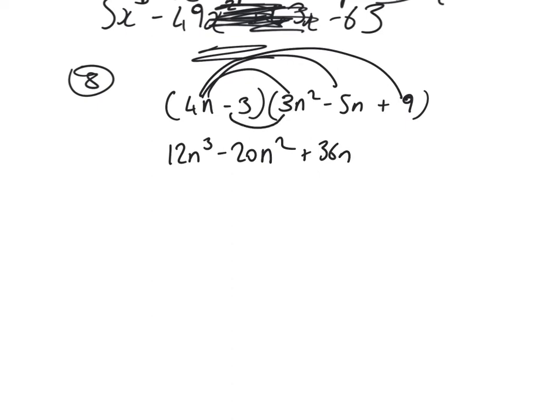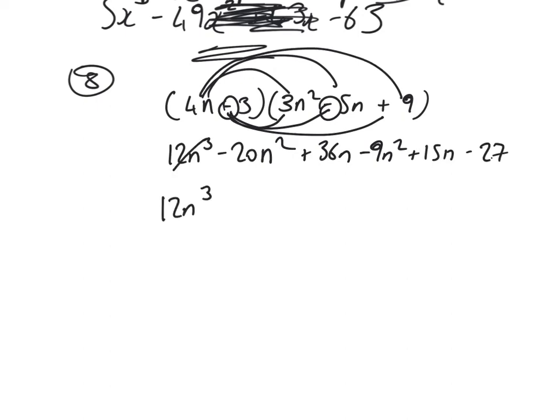Minus 3 times 3n squared, minus 9n squared. Minus 3 times minus 5n, plus 15n. Minus 3 times 9, minus 27.